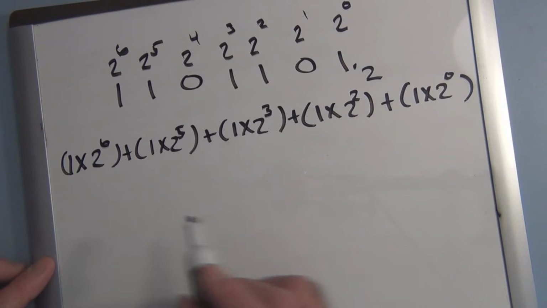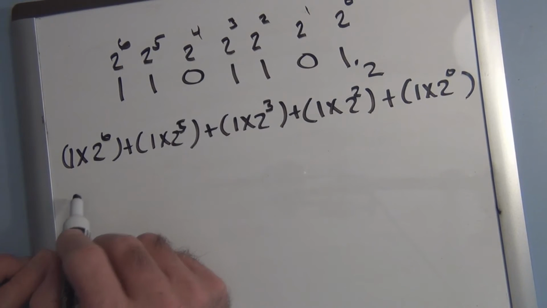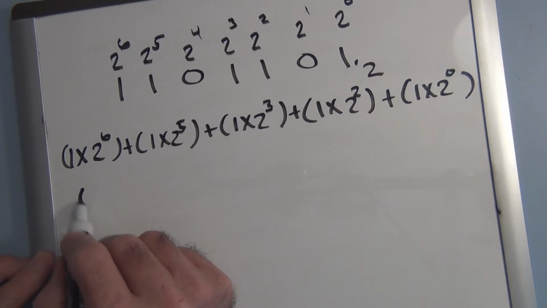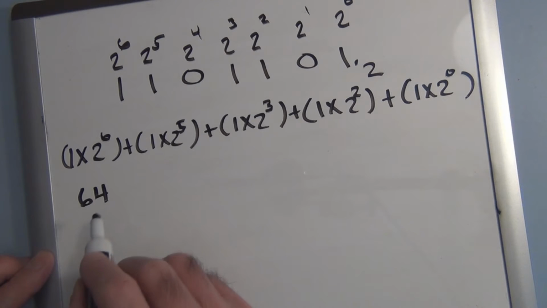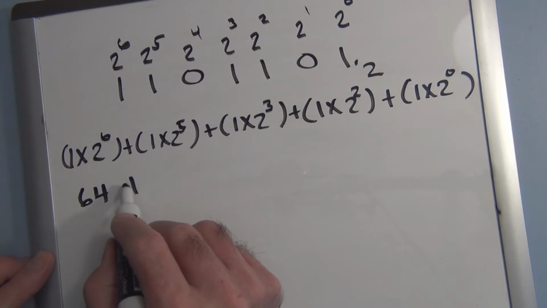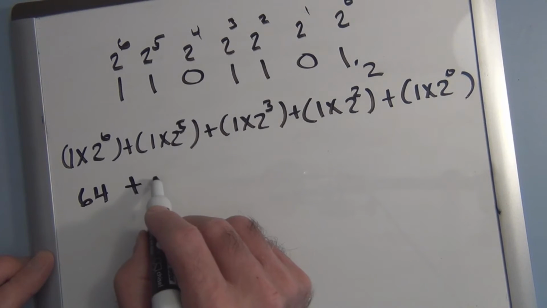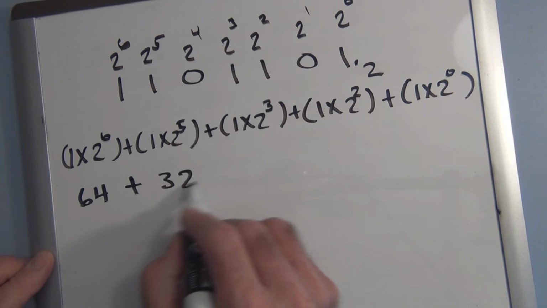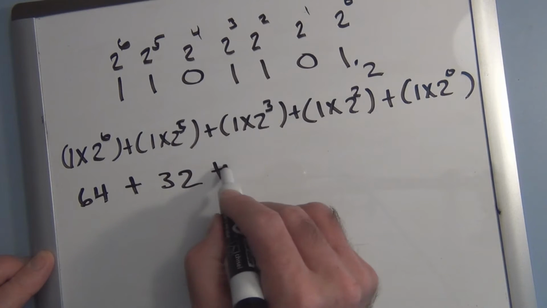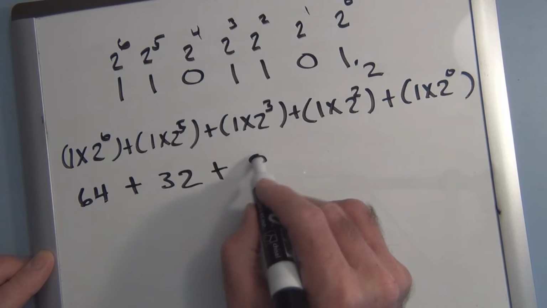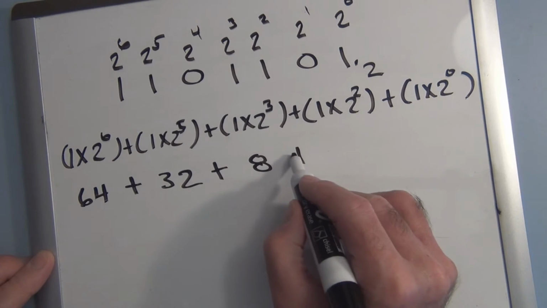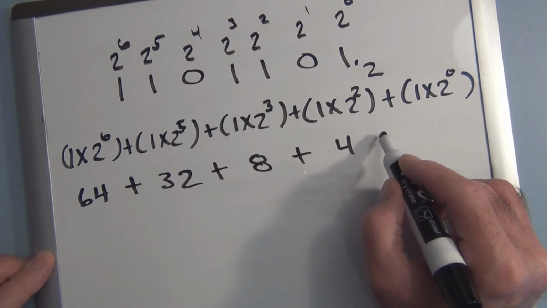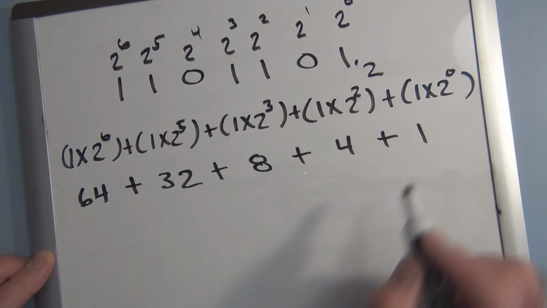And underneath that we'll have 1 times 64, plus 32, plus 8, plus 4, and of course plus 1.